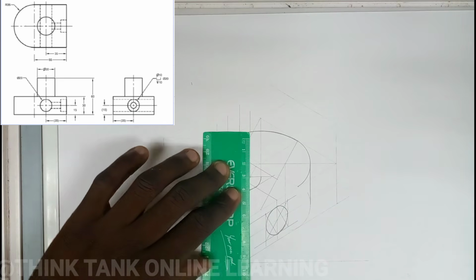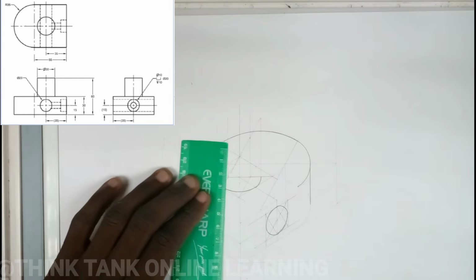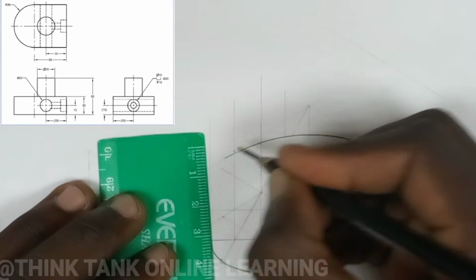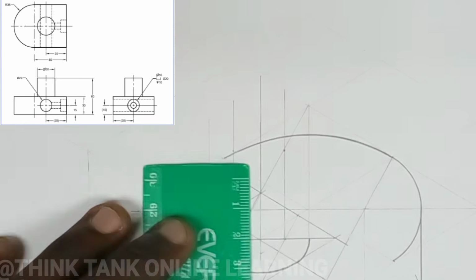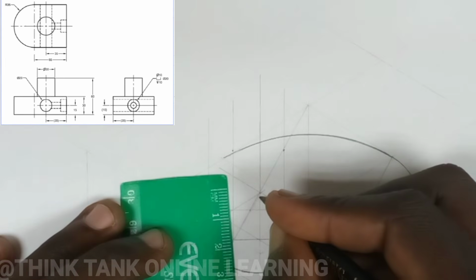Then the height of the cylinder is 30, so this is going to be one of the center points. This one is going to be also one of the center points. Okay, and this one is going to be one of the center point.